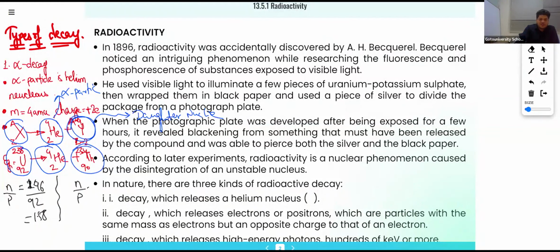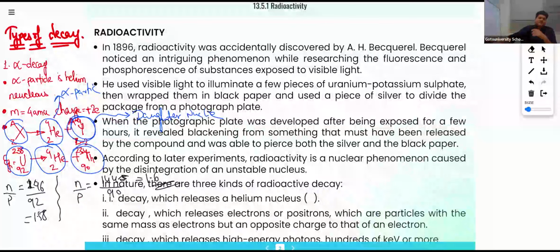If we take the ratio of neutron to proton here, it will be 144 upon 90, which is 1.6. So it will be stable. Previously it was not stable, now it is stable. So this is why the alpha decay process is happening.